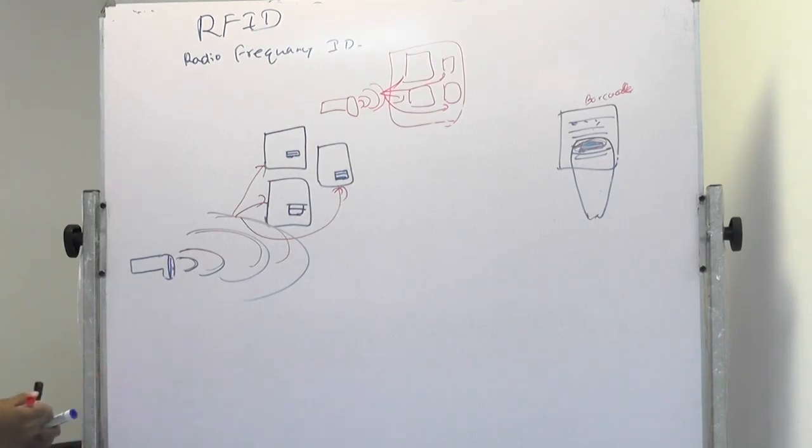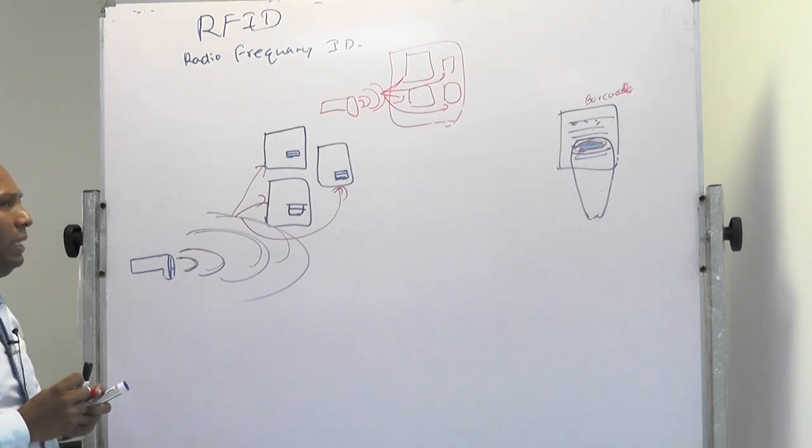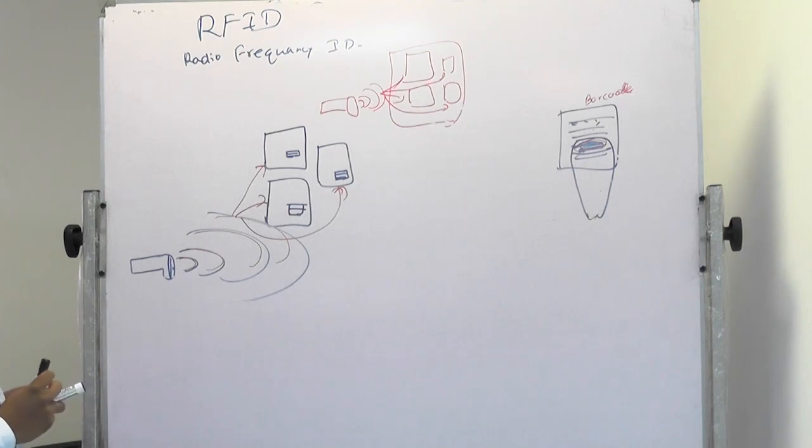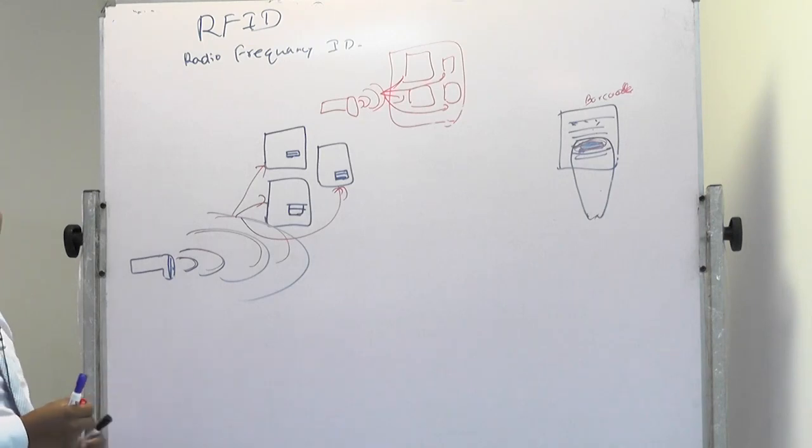This is used most of the time in car parks. I have not seen it anywhere in Sri Lanka. Using RFID tags, they allow the cars to go out, and when they come out, they have to pay some money.